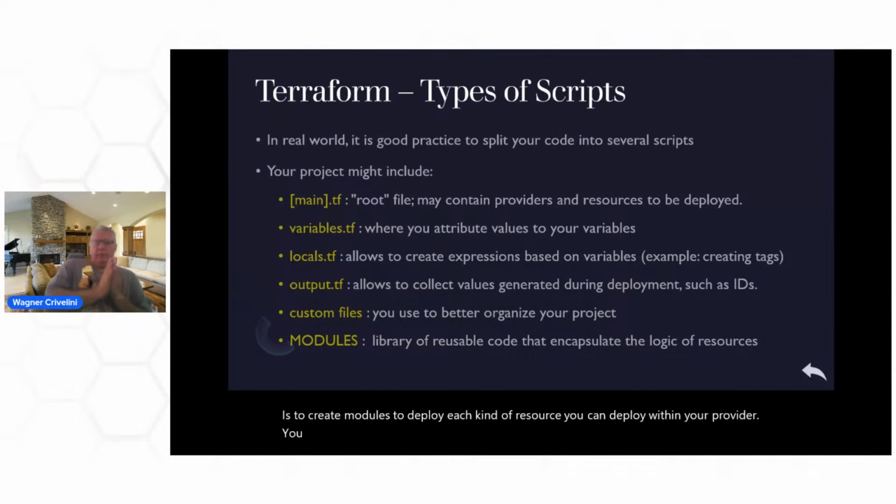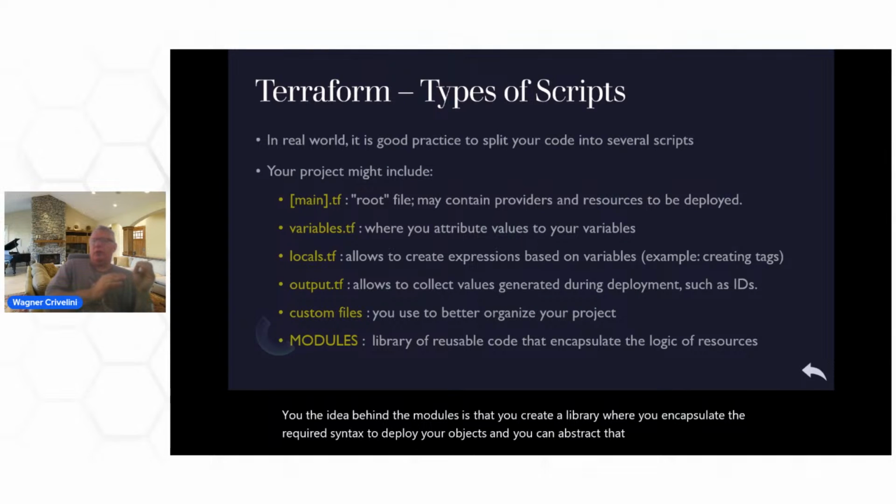The idea behind modules is that you create a library where you encapsulate the required syntax to deploy your objects, and you can abstract that in your own scripts. You just call the module.